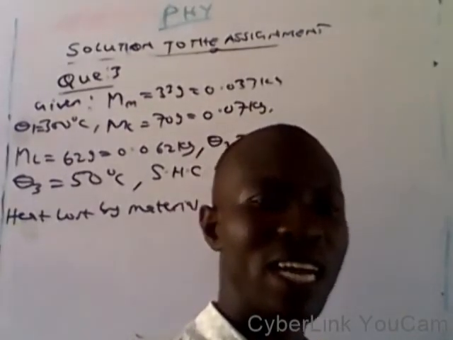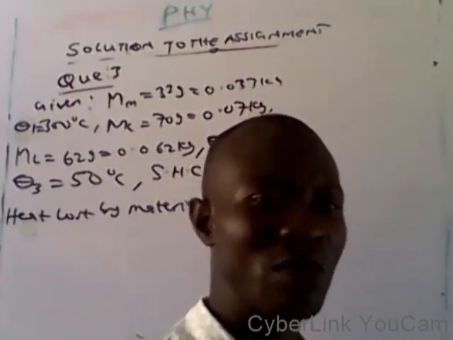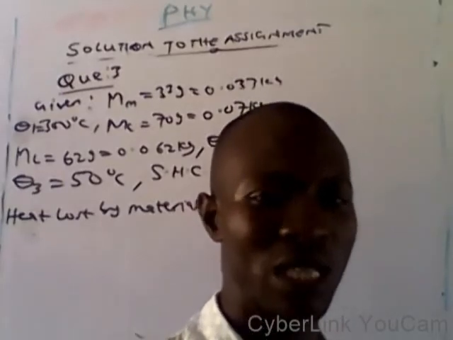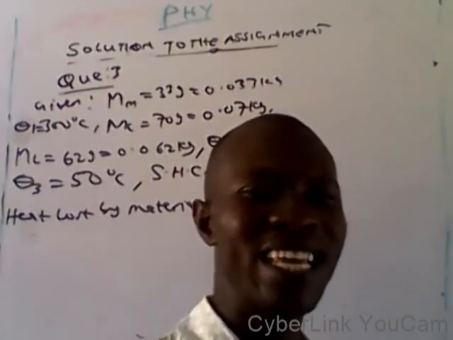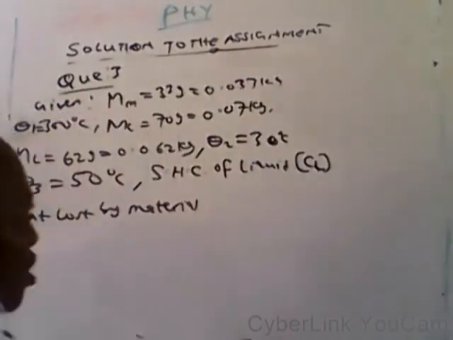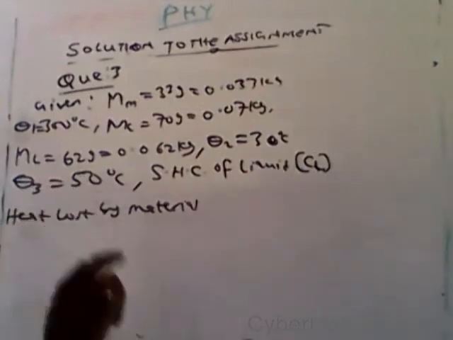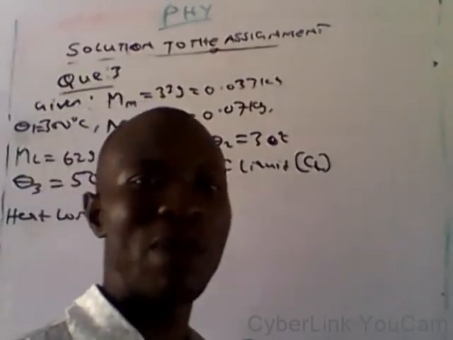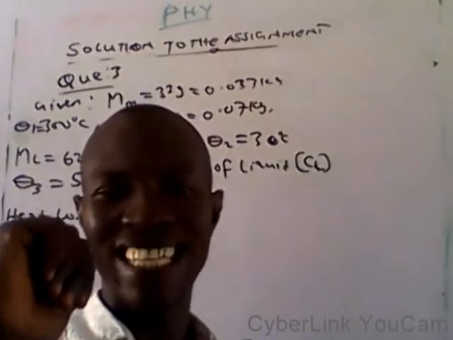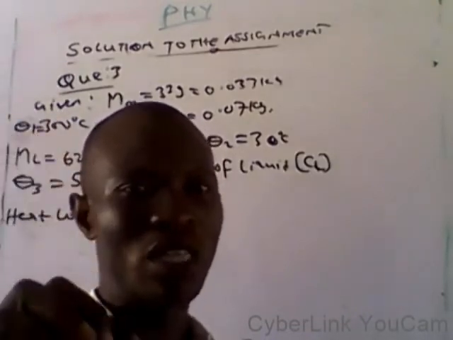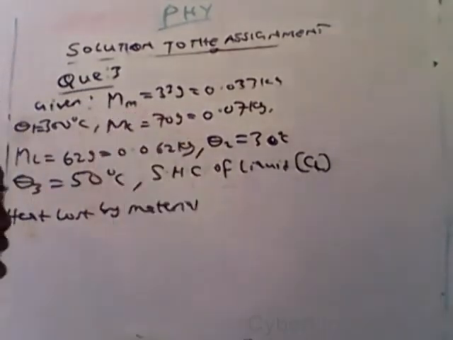Now, by the time we transfer that hot object, there is going to be exchange of heat between that object and the liquid inside the calorimeter. So at a particular point, they are going to reach the same temperature, and that same temperature is this final temperature, 50 degrees Celsius. At this point, we call it the thermal equilibrium, in which the temperature of that hot body equals the temperature of the liquid inside the calorimeter and the calorimeter.